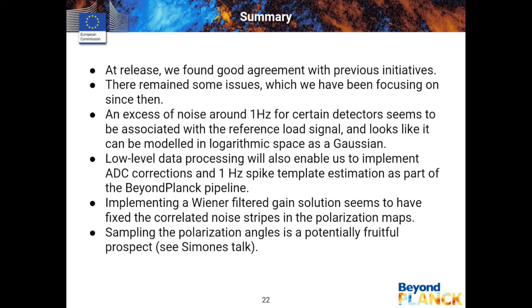Once we have gone into low-level data processing, we can do other things like implement ADC corrections and 1 Hertz spike template estimation as part of the pipeline. And using the Wiener filtered gain solution seems to have fixed the correlated noise issue. And we are looking forward to what sampling the polarization angles can do, and see Simone's talk for this.